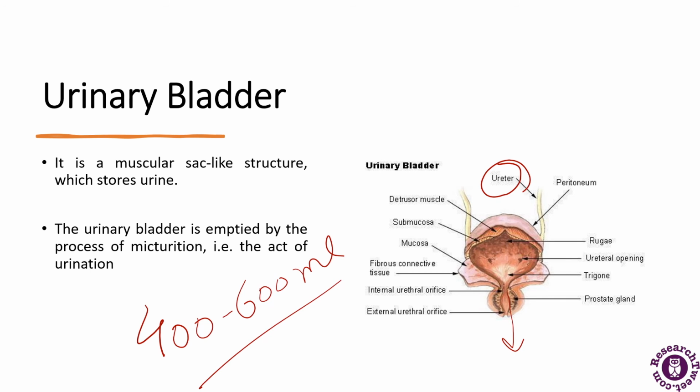Micturition is the act of urination. The bladder is lined by a muscular tissue which squeezes during micturition, allowing the urine to flow out. This is the main function of the urinary bladder.